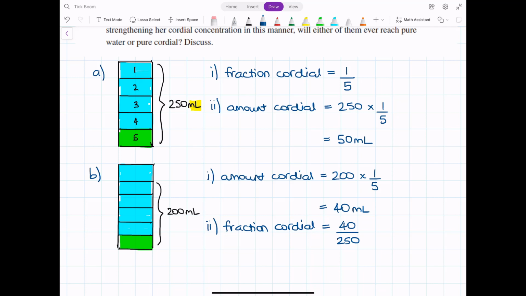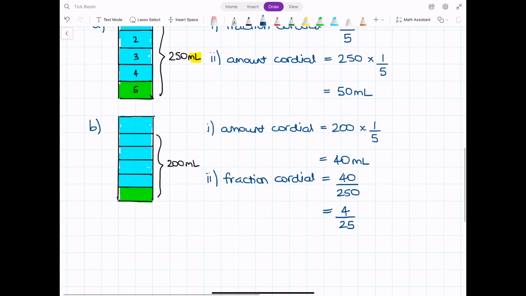If we put 40 over 250 into our calculator and press equals, we're told that it simplifies to 4 on 25. So that is the fraction of the glass that is now cordial.